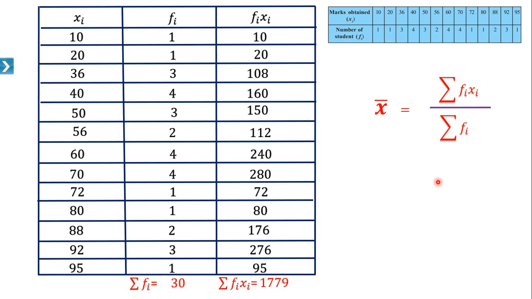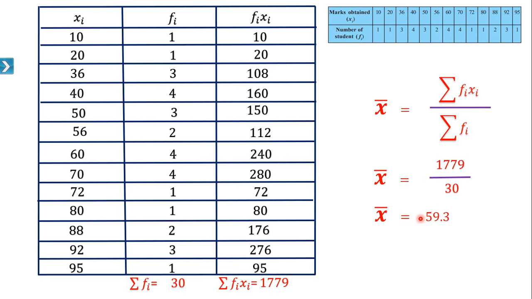Now, the remaining is the calculation part, that is x bar is equal to sigma f i x i, which is 1779, divided by 30. 1779 divided by 30 is 59.3.